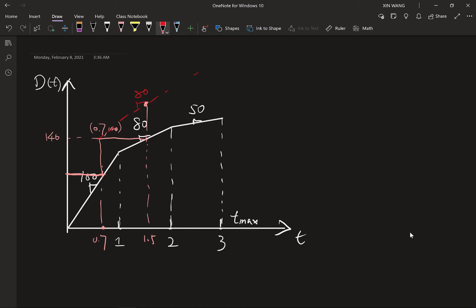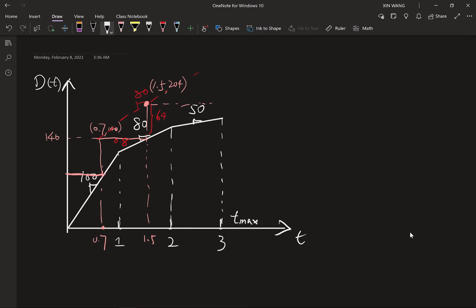So similarly, we can calculate the length. This is 0.8, and then the gradient is 80, so this length is 64. So we have this point to be 1.5 and 204. And then we can try to find next t.